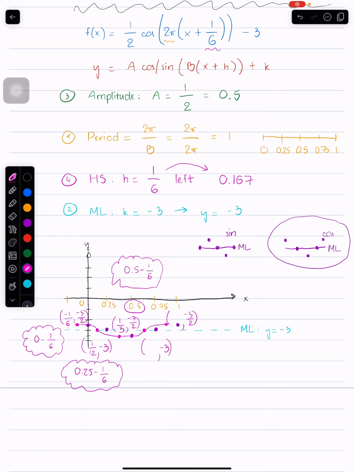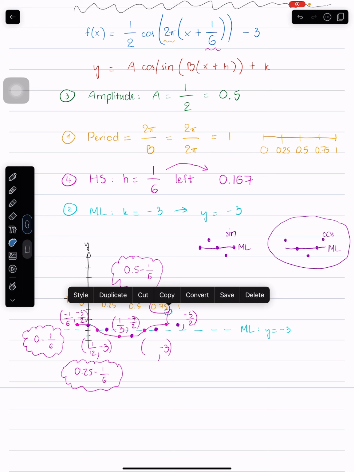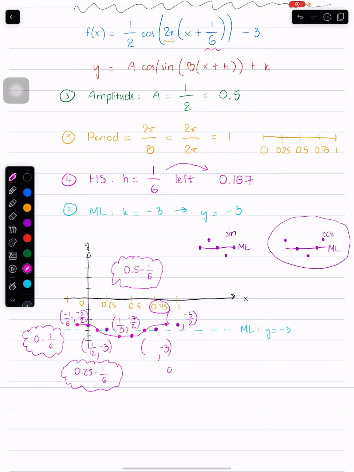Moving on to the fourth point right here. This one, I'm going to do the same thing. So 0.75 minus 1 over 6 as the work. And as for the result, I'm going to get 7 over 12 for my X value.